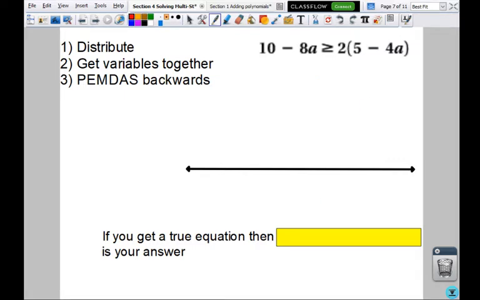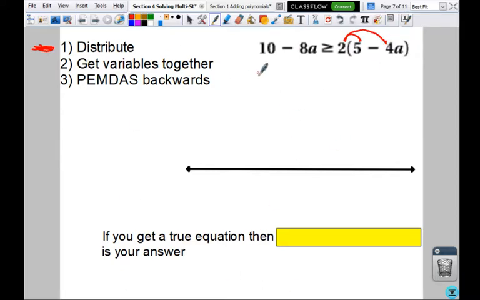So, my first step in all of these is I need to distribute if I can. Remember distribute when I have the thing outside parentheses like this? So I'm going to distribute before I do anything else.